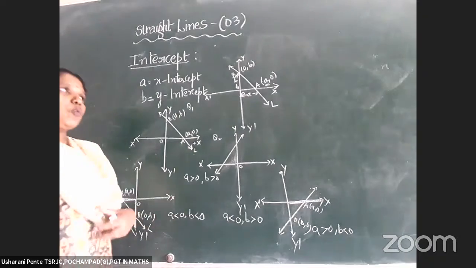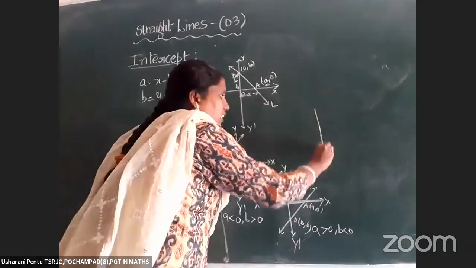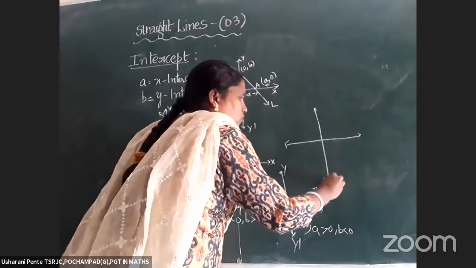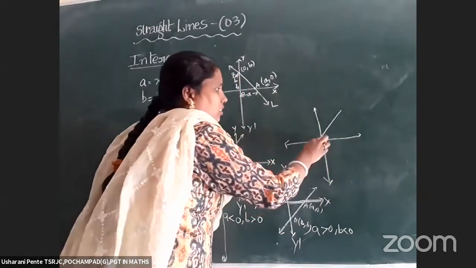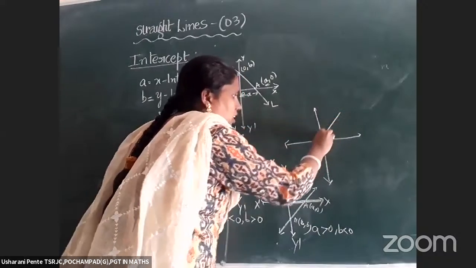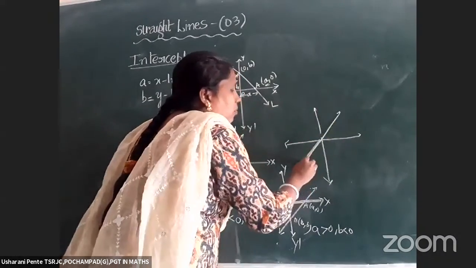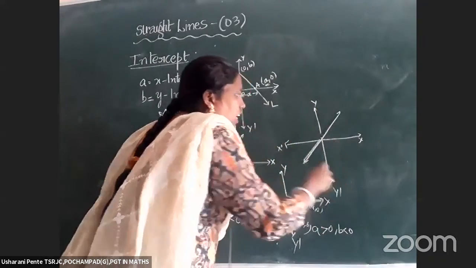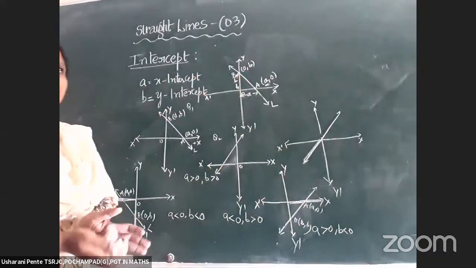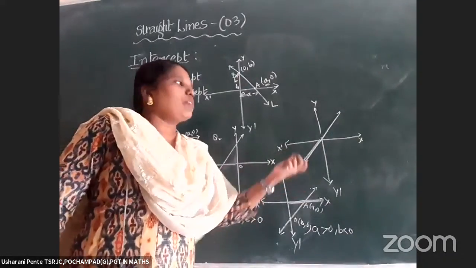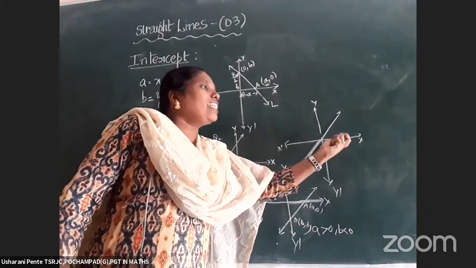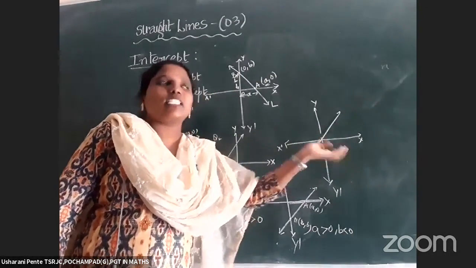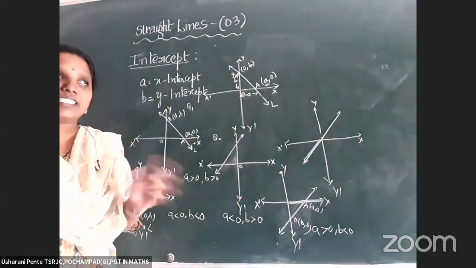Suppose a line passes through the origin. Then what about the x-intercept and the y-intercept? If a line intersects the x-axis, the point where it intersects is the x-intercept.